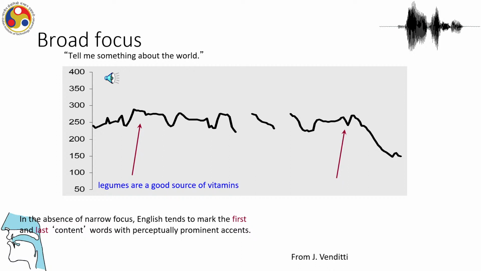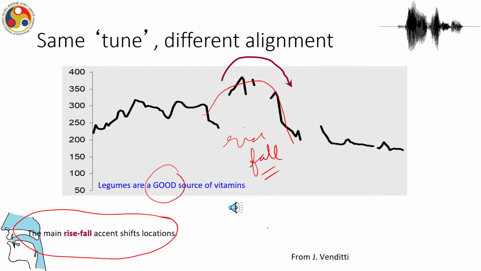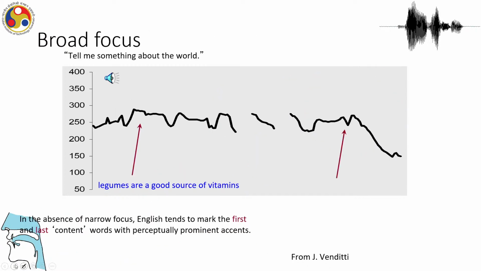So this is just a declarative sentence, and this is called broad focus, and all the previous instances we would call narrow focus sentences. These were narrow focus. This is also narrow focus. However, this is a broad focus sentence.